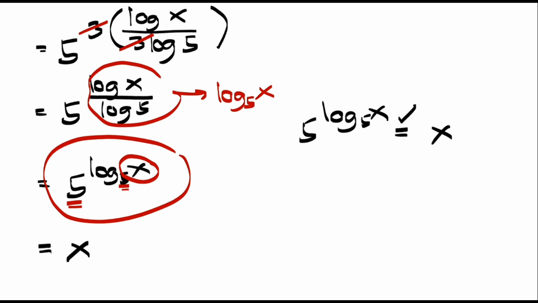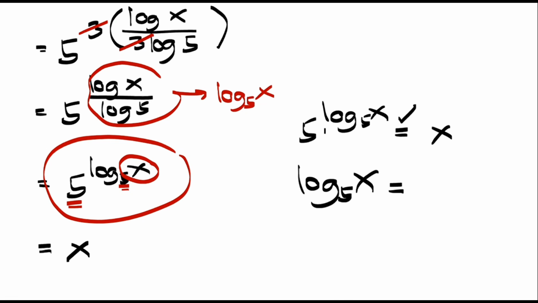So how? Since this is exponential, let's try to rewrite this in logarithmic form. That is by taking the logarithm of this. So logarithm of x, and the base is what? The base is 5 here. This is equal to the exponent.